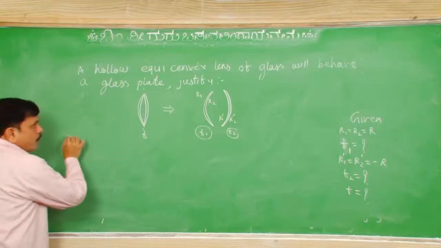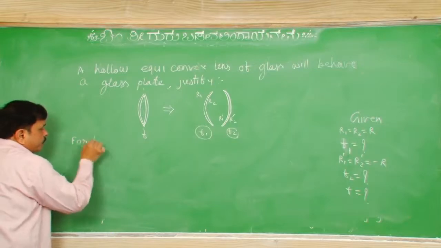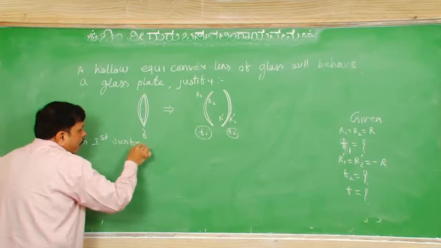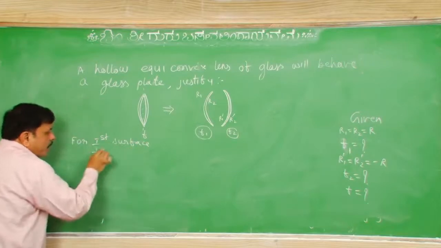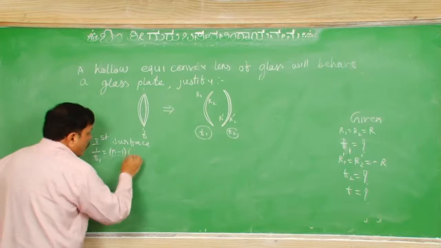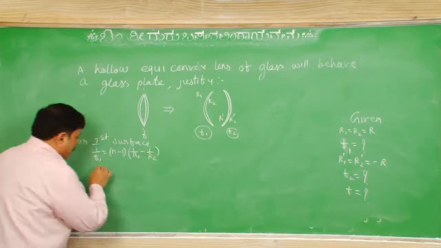Now for the first surface, we get 1 by F1 equal to (n minus 1) into (1 by R1 minus 1 by R2).